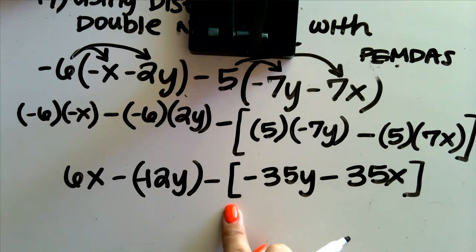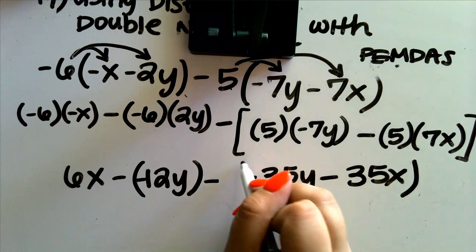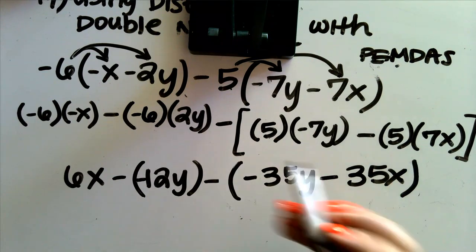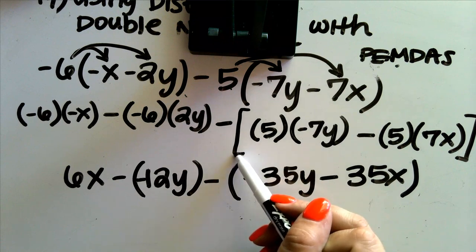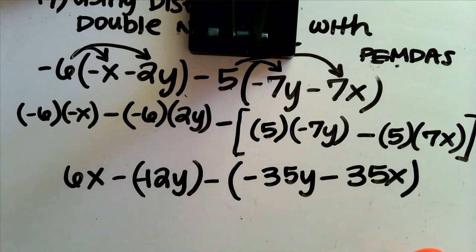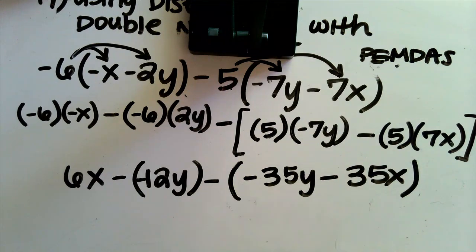Now, I basically have brackets, or I can even rewrite these as parentheses now. I just like to use brackets because it makes more sense in my head, and it helps me see that this is like a big parentheses. I see that this is a big chunk of what's going on. Here, because there's fewer parentheses, there's fewer things going on, I can just use parentheses, no big deal.